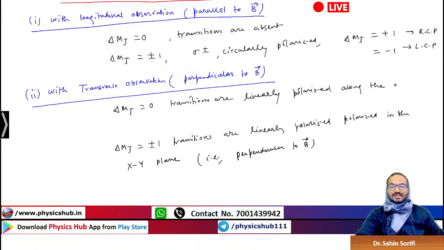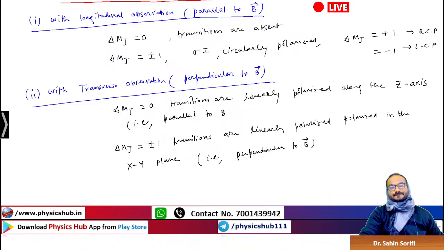Will it not be along the z axis? Parallel to B.